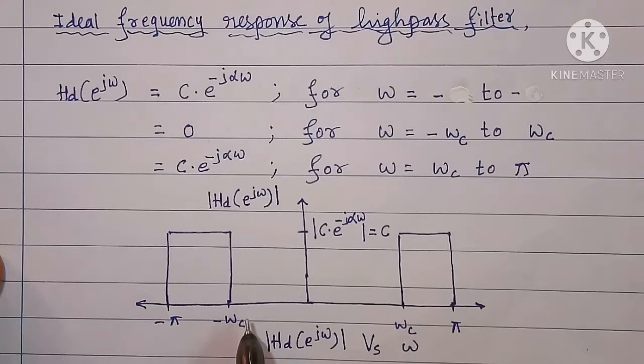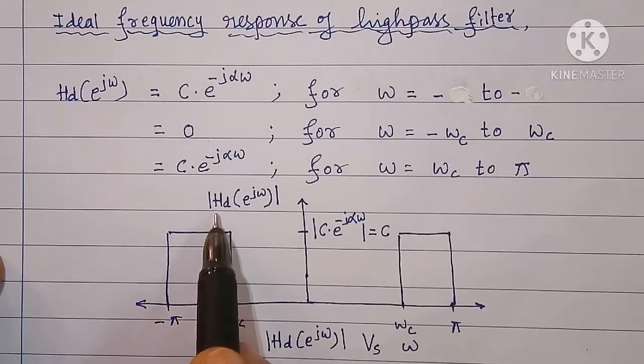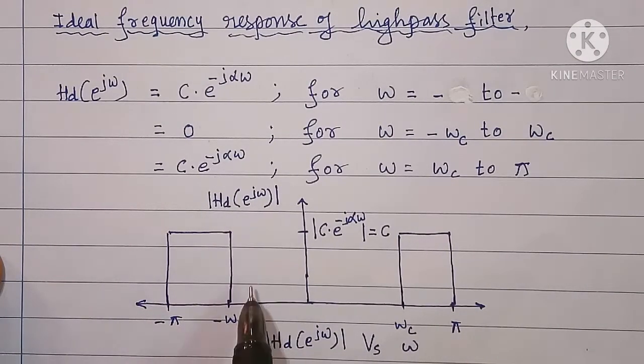And the magnitude of HD of e raised to j omega is 0 for minus omega c to plus omega c.